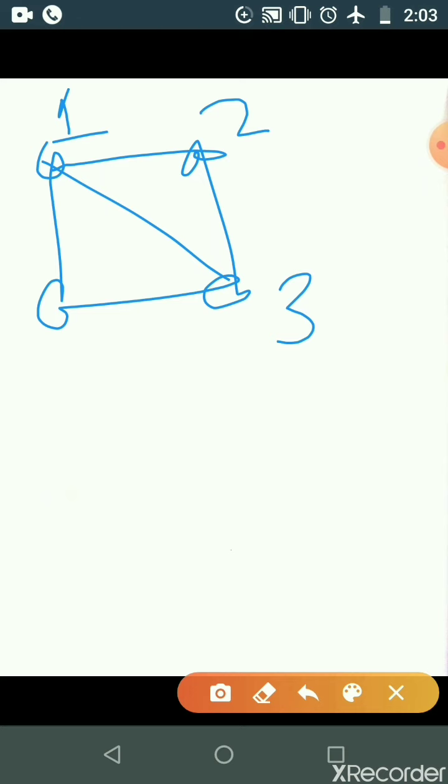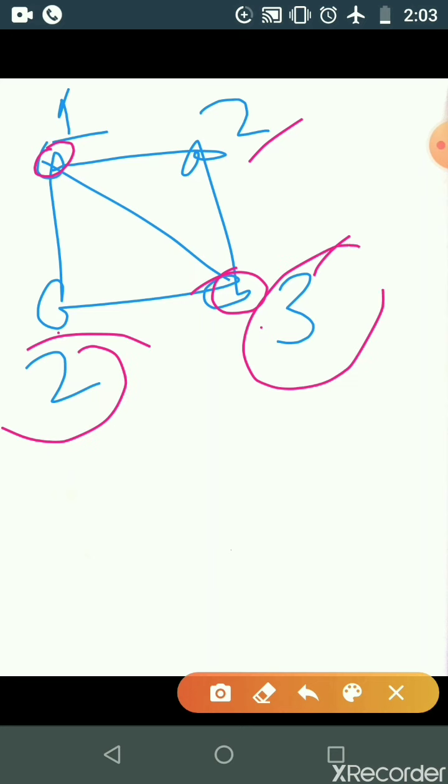But the second coloring is very different from the other one. How? Because here these are adjacent vertices, and adjacent vertices have different colors. These two are adjacent, so they have different colors. These two are adjacent, so these two have different colors.